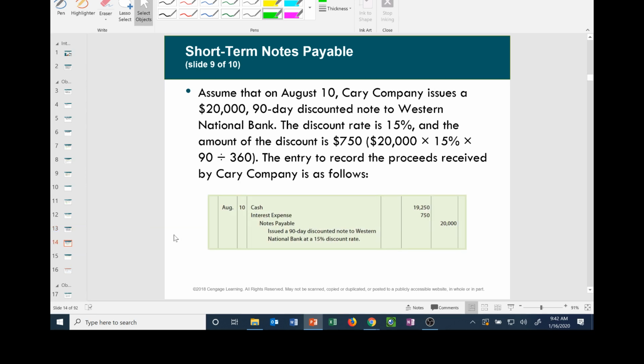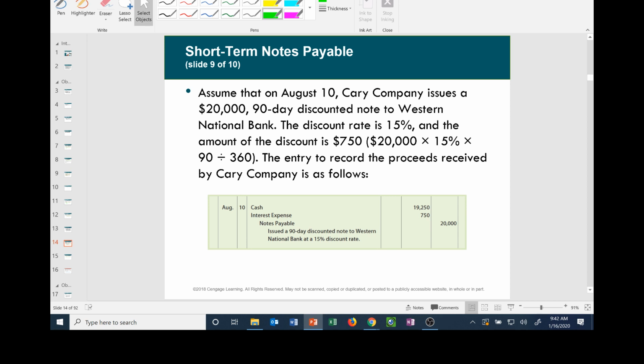assume on August the 10th, this company issues a $20,000 90-day discounted note to Western National Bank. The discount rate is 15%. Now, discounted means they take the interest out in advance. So here, you get cash of $19,250 from the bank, but you owe them $20,000. They're taking the interest out up front. Now that makes your true APR higher.